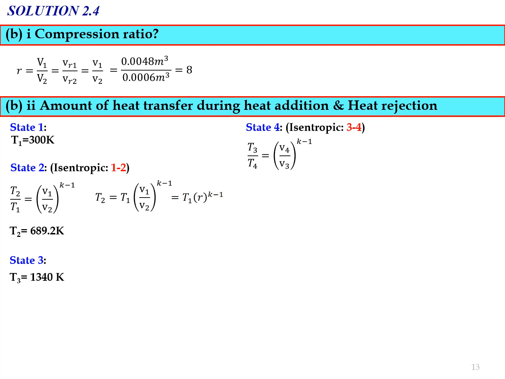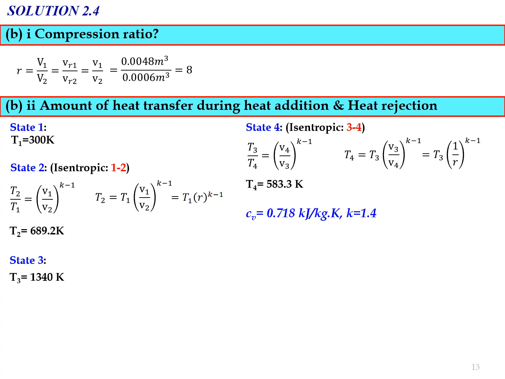So we have T3 divided by T4 equal to V4 divided by V3 power of k minus 1. Rearrange the equation, so we get T4 equal to T3 multiplied by 1 divided by r power of k minus 1. Substitute the values, so you obtain T4 equal to 583.3 Kelvin.